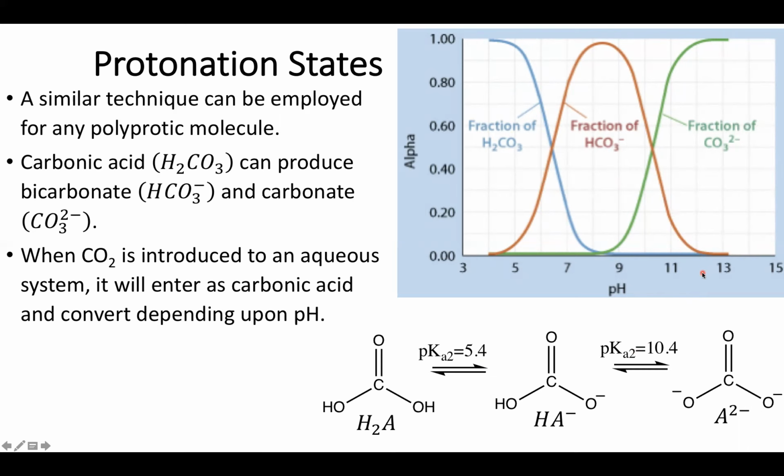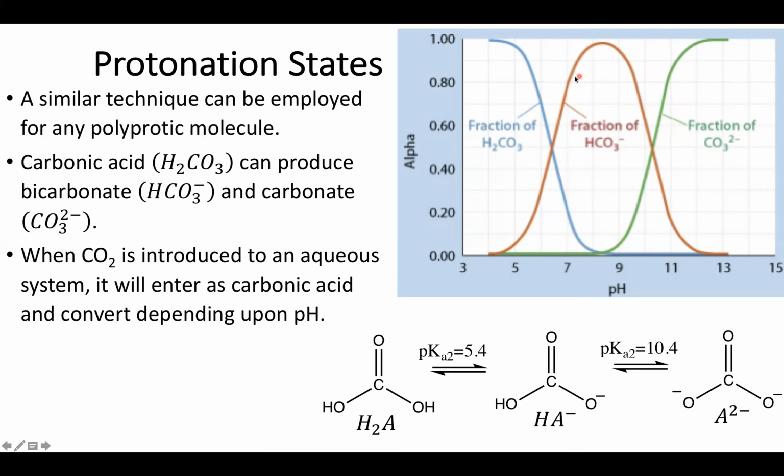However, it's also very worth noting that most life exists at a pH between about 6.4 and about 9.4. And there's a very deliberate reason for that, because this is the region in which bicarbonate is present. Bicarbonate acts as a buffer for most aqueous systems.